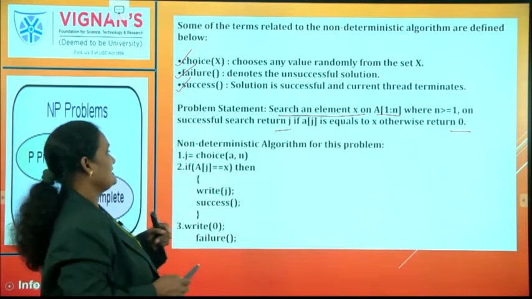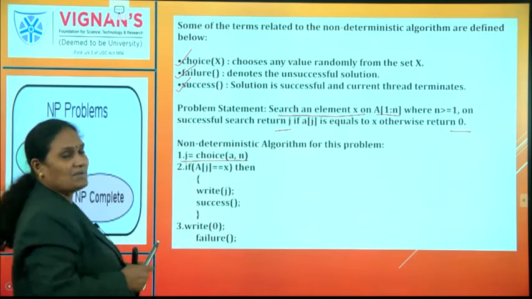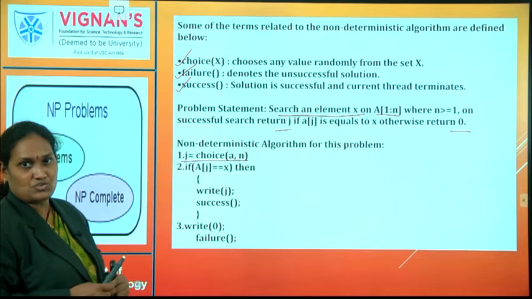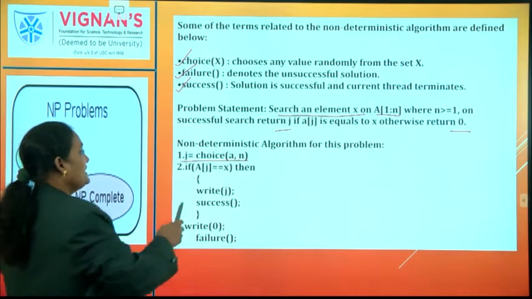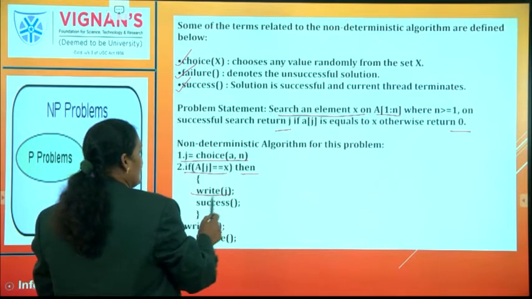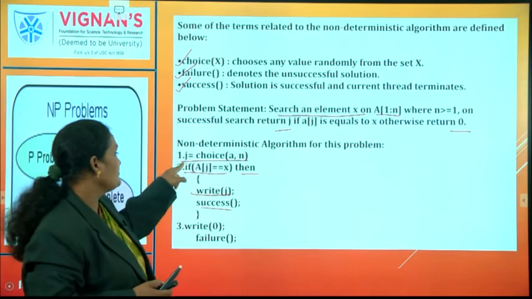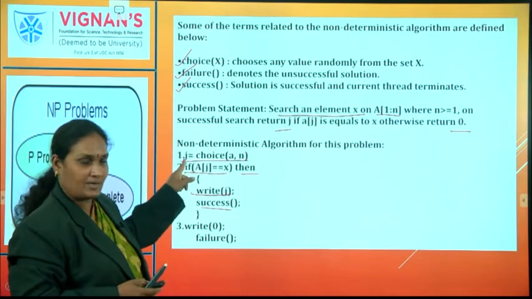How to write that algorithm? Let us see that algorithm. j is equal to choice of A, n. If A[j] is equal to x, then write j, success. Now let us see. Here j is a variable.